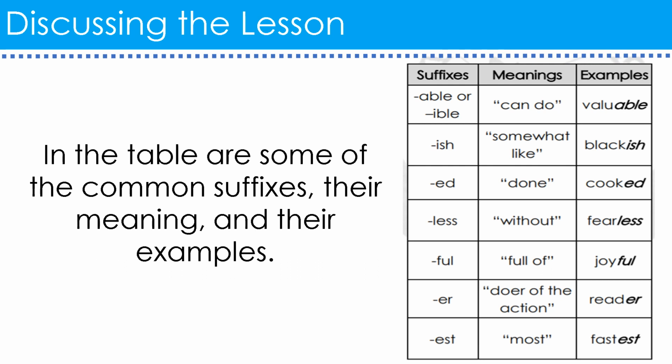And their meanings are can do, somewhat like, done, without, full of, doer of the action, and most. Okay, so for example, we have the able. Valuable comes from the root word value, and then the suffix is able. Okay, so next we have blackish, cooked, fearless, joyful, reader, and faster.